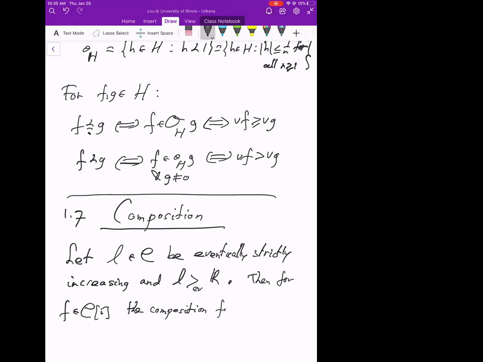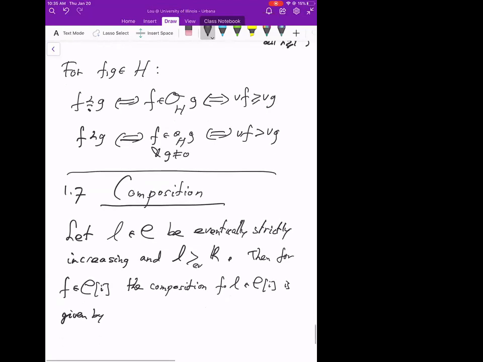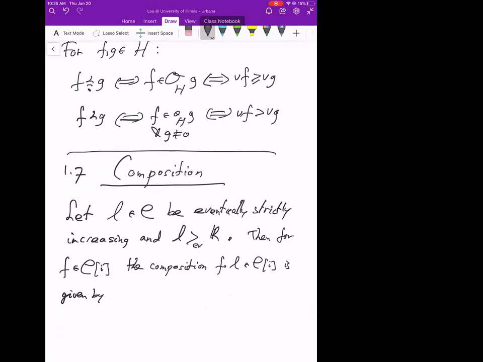F composed with L in C_I is given by, again, the usual abuse of terminology: F composed with L, it's a germ, but I do as if it's a function, F of L(t), for t big enough, eventually.